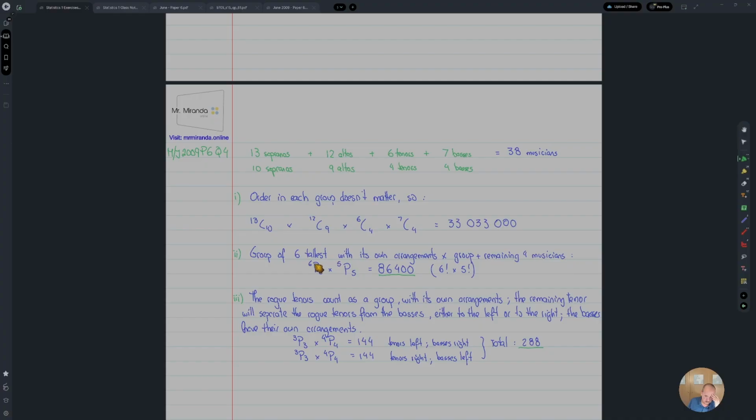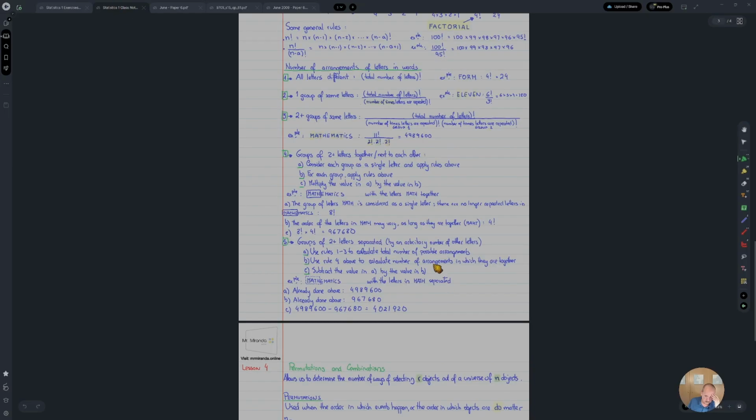So this is going to be 6P6. Here the order matters, all right? And 5P5. Or in other words, that's 6 factorial times 5 factorial. That's what you learn over here. All right. Where was it? Yeah, over here. Okay. This is the rule that you've learned before you actually learned about permutations.